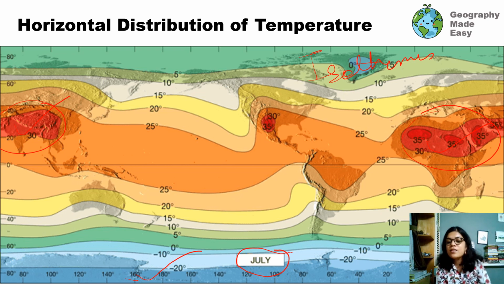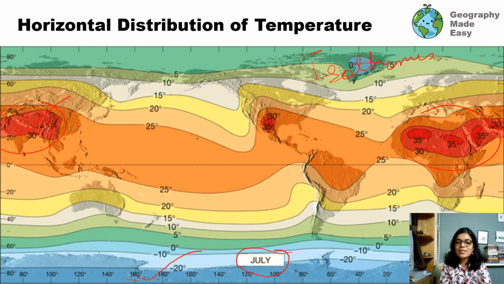We have the summer season in the northern hemisphere. The land becomes hotter, and the sea surface temperature comparatively is a little cooler because water takes time to become heated. Once it becomes hot, it retains the heat. It slowly becomes cool, but once it becomes cool, it retains the temperature.